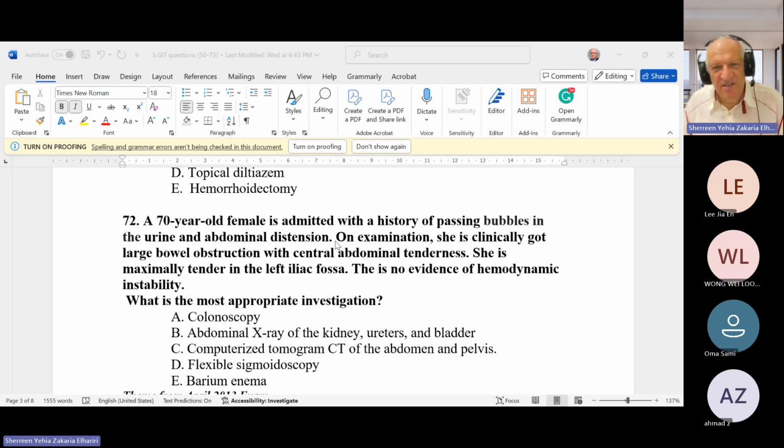Yes, but what happened in the colon? What is the disease in the colon in this patient most probably? She is clinically well, just tender, so it is diverticulitis. In cancer, you don't have tenderness in the left iliac fossa. If you have tenderness, it is diverticulitis. So this patient has diverticulitis, and the colon has fistulated with the bladder, which can cause bad odor of the urine and air in the urine.